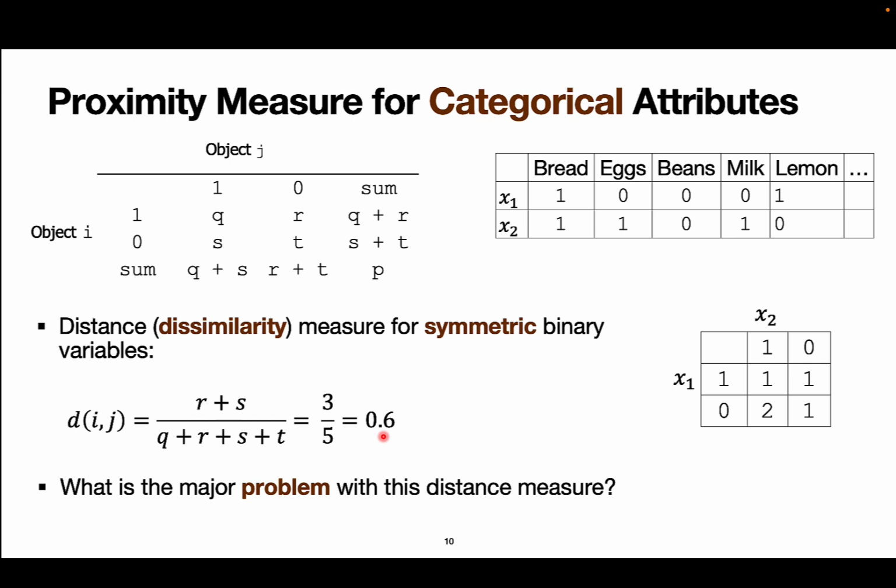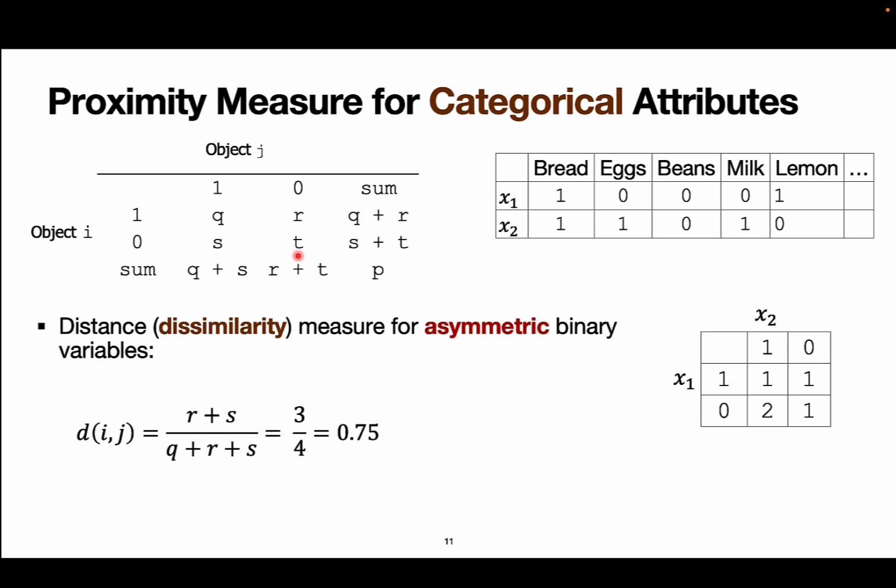The problem is in a grocery store, we don't buy most things, which means T, the items that X1 and X2 did not buy, is going to be very, very large. So as a result, the denominator is going to be large. So the distance between any two objects is going to be very tiny no matter what we do.